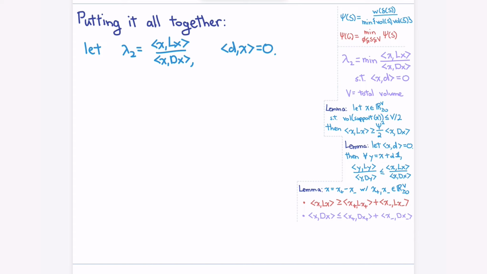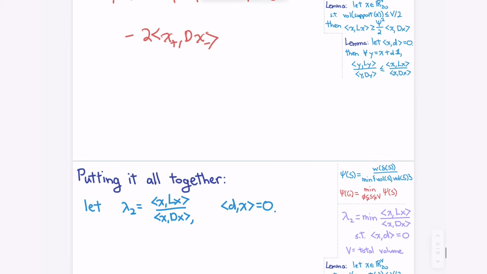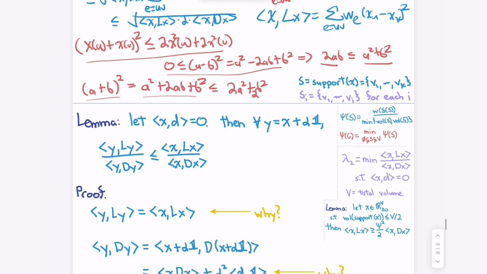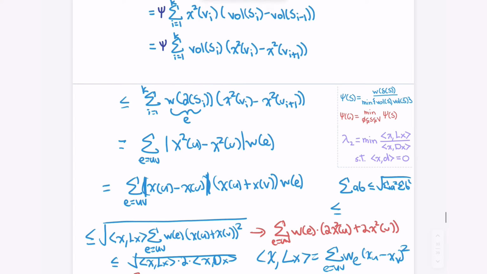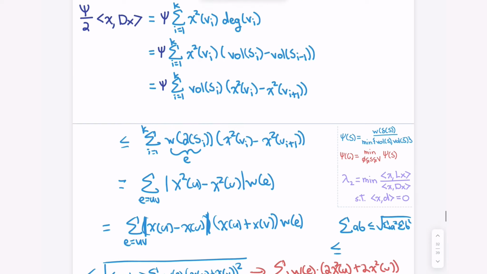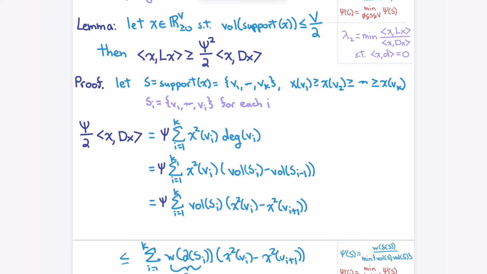Okay, good. So that's basically the claim. What we've now done is we've at least proven Cheeger's bound. We related lambda 2 to x dx.